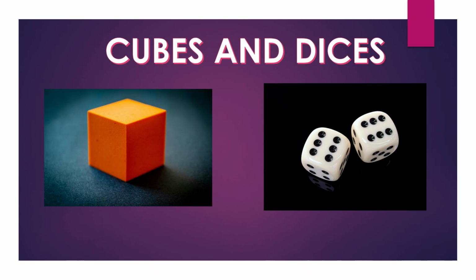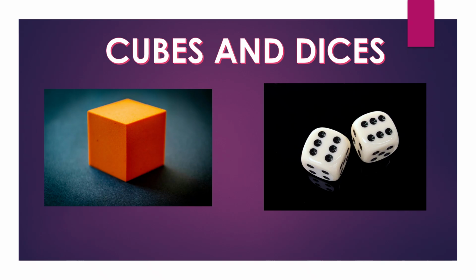Okay, so what is a cube? A cube is a solid three-dimensional figure which has 6 square faces, 8 vertices and 12 edges. Why have they said square faces?